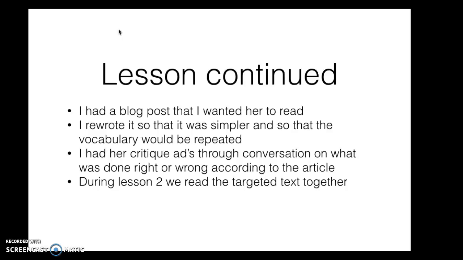This was a little bit harder for her to read, but the simplified text that I had given her as a pre-read helped her understand this article a lot more. I think going in with some of this vocabulary that she had learned made this article a lot more comprehensible.